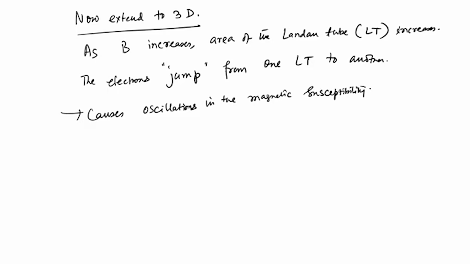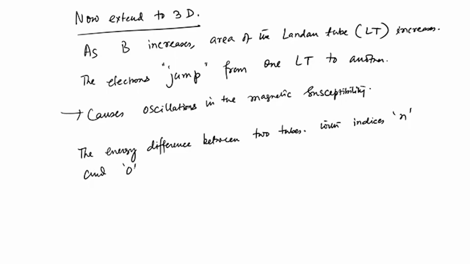Okay. So, now the energy difference between the two tubes, say with indices n and 0, is A n minus A 0, the area difference, let us call it delta A. This is proportional to B and the Landau level index, or this Landau tube index that we have talked about, and n is of course equal to 0, 1, 2, 3 and so on.